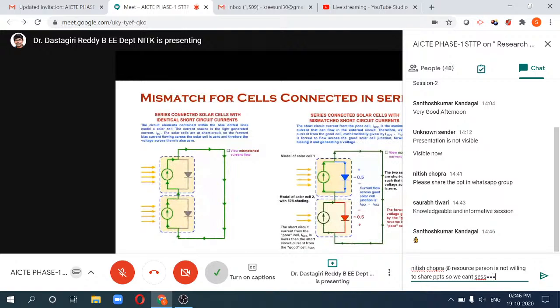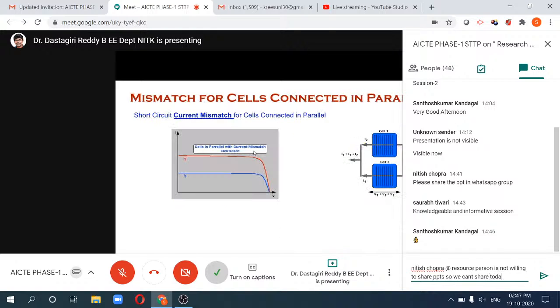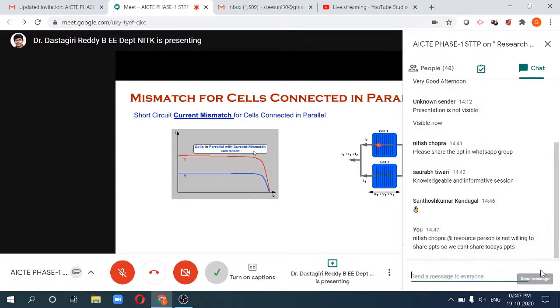When it comes to parallel connection, it is also something straightforward. We don't have any issues. If there is a difference in current, it will just add up. For example, if I1 and I2 are the same, it will add up. If it is not the same also, it's fine. But if there is a difference in voltage, then we know obviously that there will be some impact.